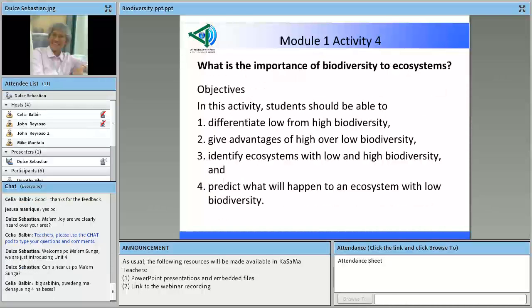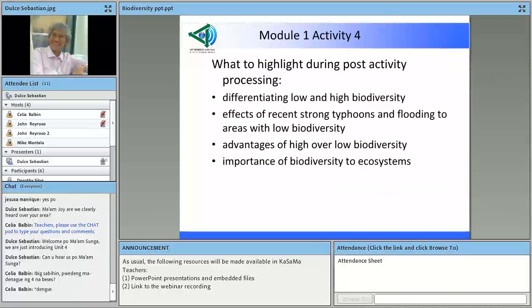What is the importance of biodiversity to ecosystems? There you have the objectives as indicated before. What do we want to highlight during the post-activity processing? In this activity, with the discussion before the activity, they will now be able to differentiate low and high biodiversity in an ecosystem.